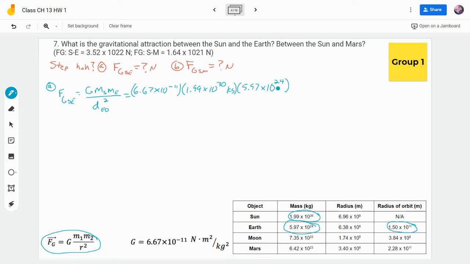So it's the times-ten-to part that really tells you how big the number is, not the leading part of the number. And then we have to divide that by the radius of the Earth's orbit squared. So that is 1.50 times 10 to the 11th meters, squared.